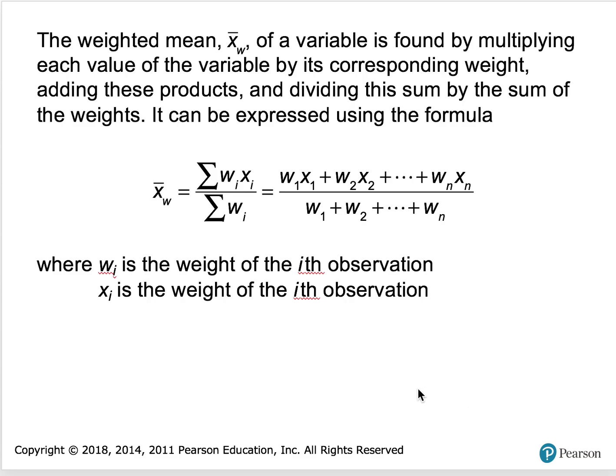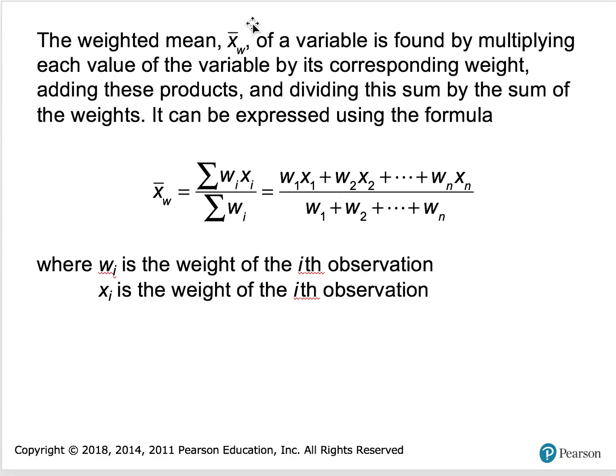When data values have different importance or weights associated with them, we compute the weighted mean. For example, your grade average is a weighted mean, right? Each test grade is more important than each homework grade. Your final exam grade is more important than a test grade.